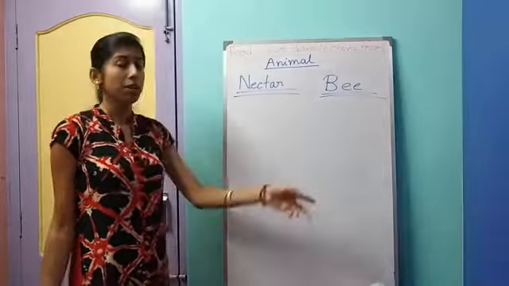So, bees collect that nectar from different flowers and store it in their beehive. How? In the form of honey.